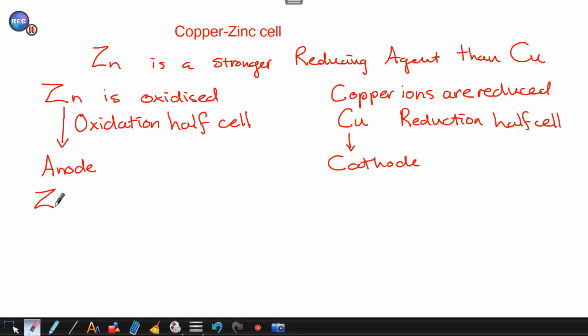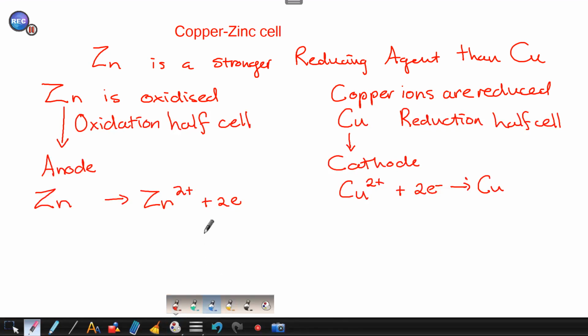So Zn goes to Zn2+ plus 2 electrons, and Cu2+ will take those 2 electrons and form Cu. So electrons will flow through the wires from the zinc to the copper.